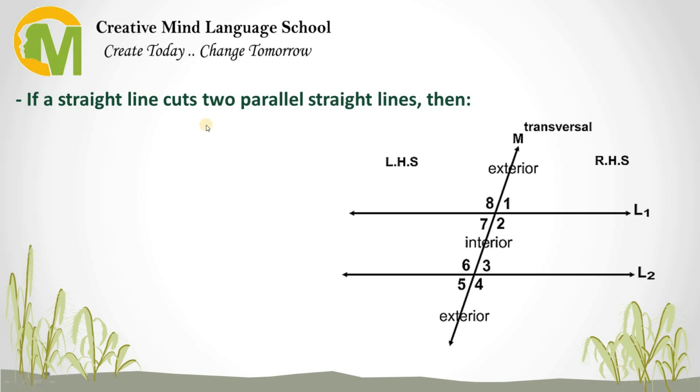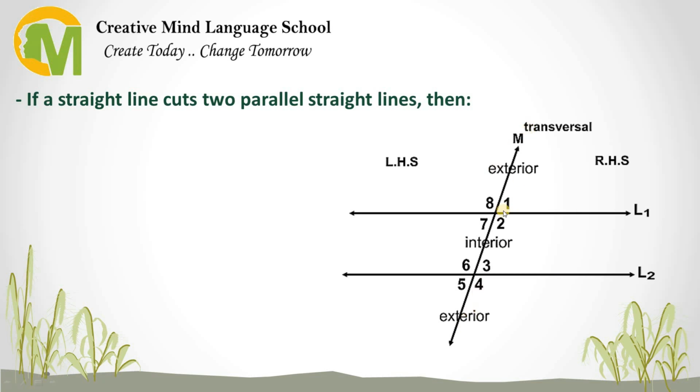If a straight line cuts two parallel straight lines, then here we have L1 and L2 as two parallel straight lines, and the straight line M is a transversal, or the straight line M cuts the two parallel straight lines L1 and L2.